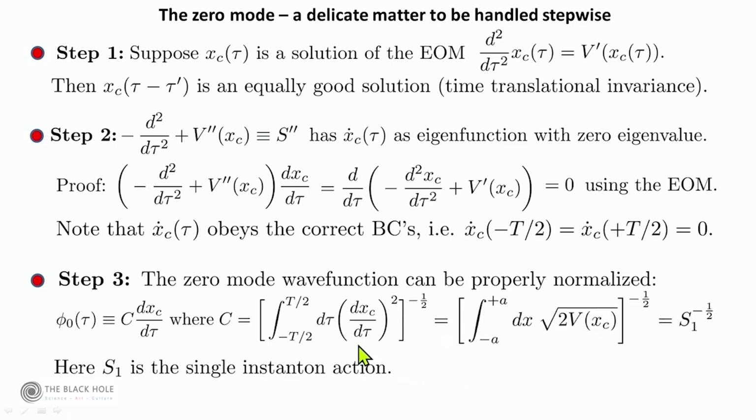And let's also notice that xc dot squared, by the fact that energy is conserved, is equal to square root of 2v on the classical path xc. And this is just the action for a single instanton, 1 over square root of that, actually.